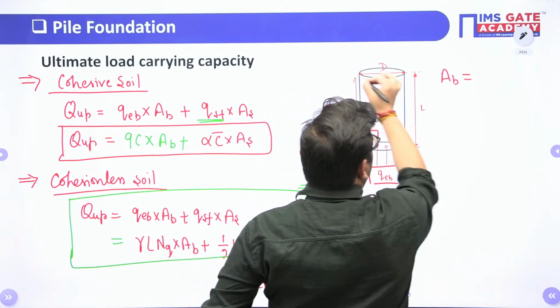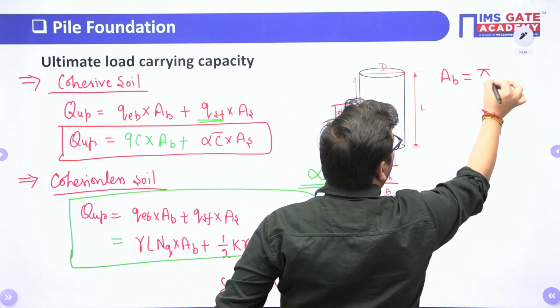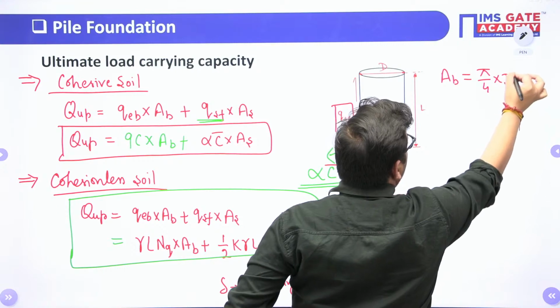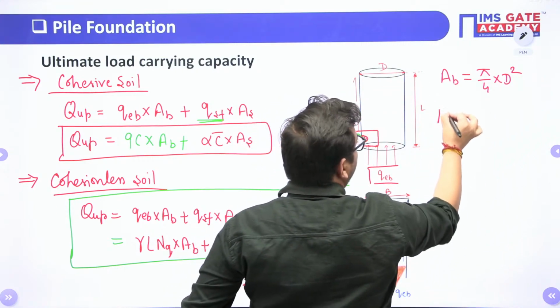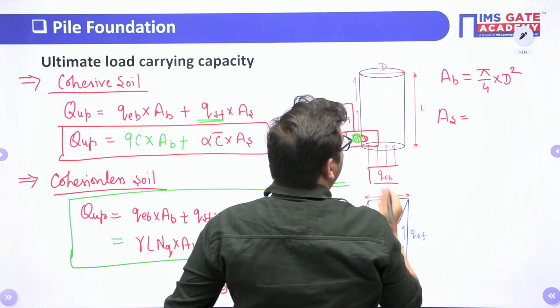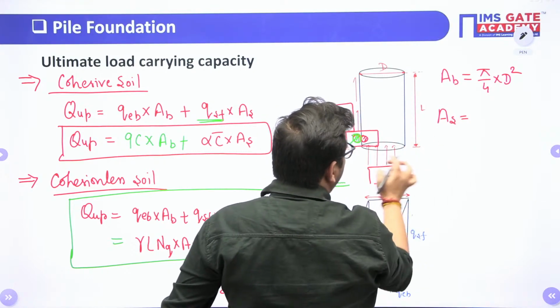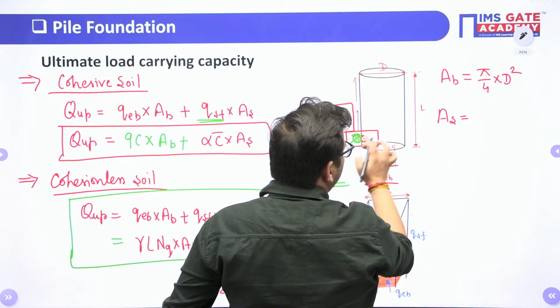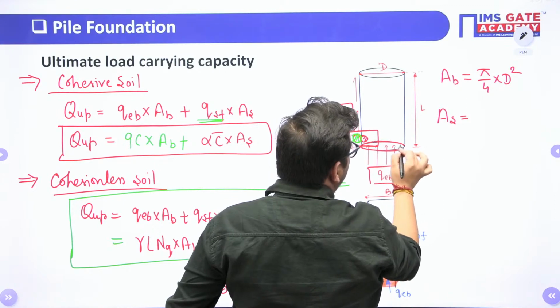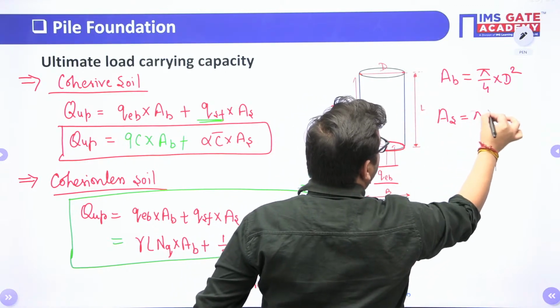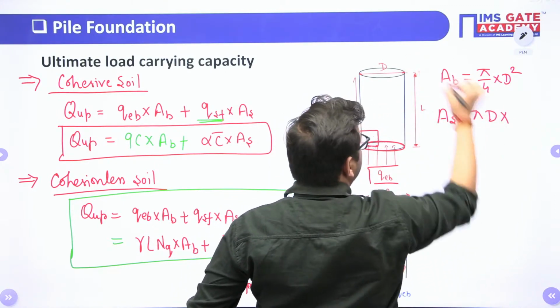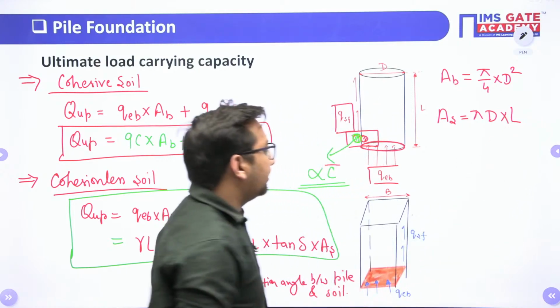Let's suppose it has a diameter d, so it will be pi by 4 into d square. And what will be side area? It will be the curved surface area, that is the circumference multiplied by this length, that is pi into d into L, right?